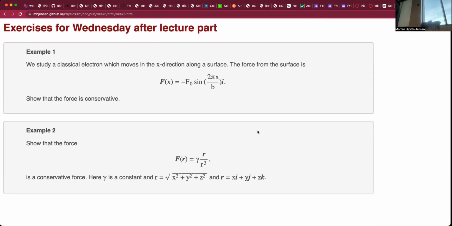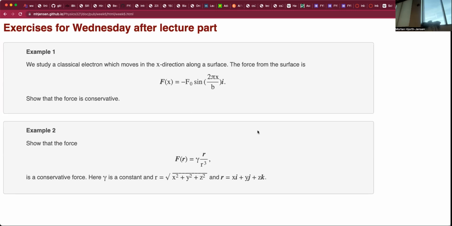So we are going to look at whether these are conservative forces or not, which means that we need to calculate the curl of the forces. And if that one is 0, then this is a so-called conservative force. I'm going to repeat the definitions of these kind of forces today. And many of the fundamental laws of nature behave like this.